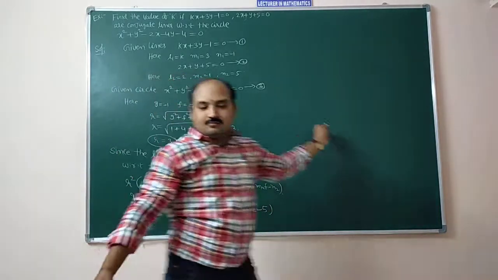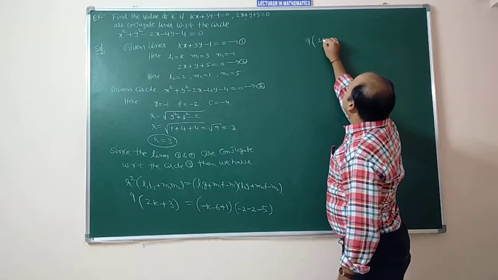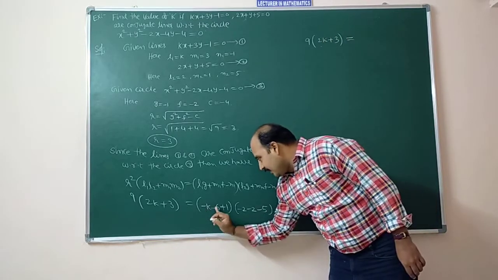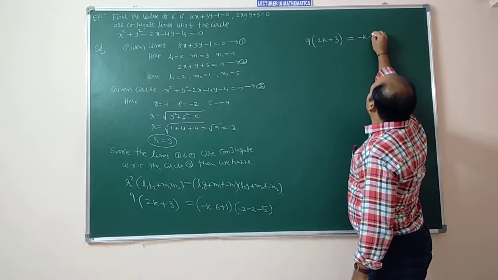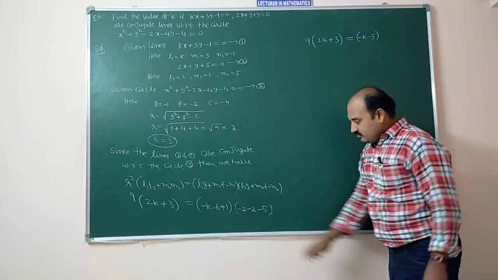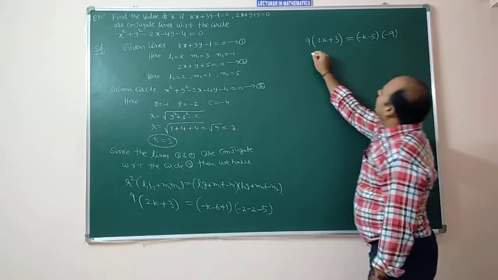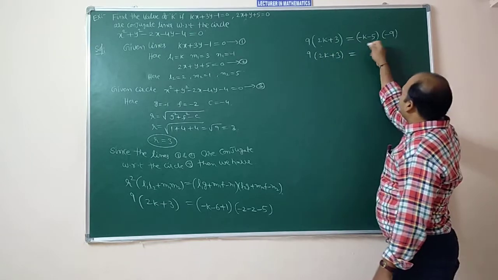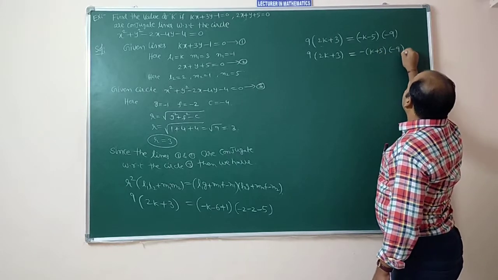So coming here, 9 into (2k plus 3) is equal to (minus k, minus 6, plus 1 is minus 5), so minus k minus 5, then minus 2, minus 2, minus 5, so minus 9. 9 into (2k plus 3) is equal to minus, taking common, minus of (k plus 5) into minus 9.